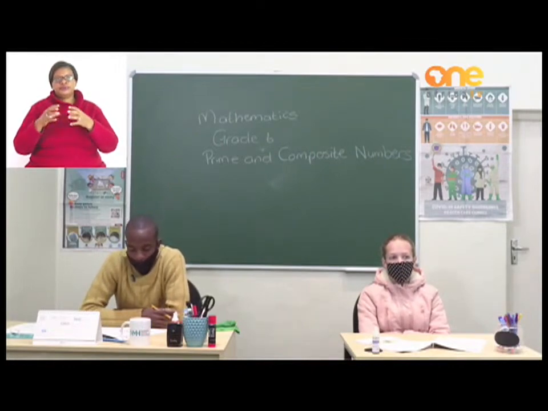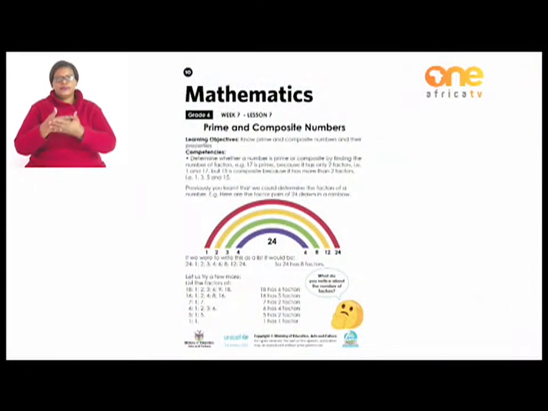Let's quickly go to page 10. So, follow with me. It says, previously you have learned that we could determine the factors of a number. Okay? And here are the factor pairs of 24 drawn in a rainbow.